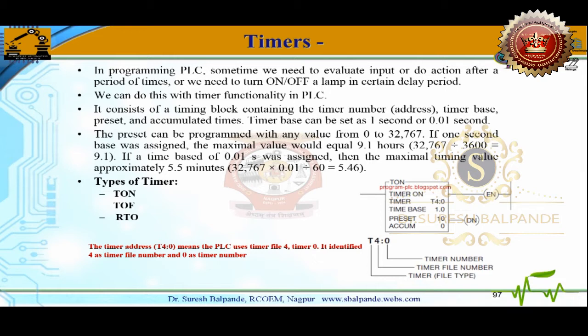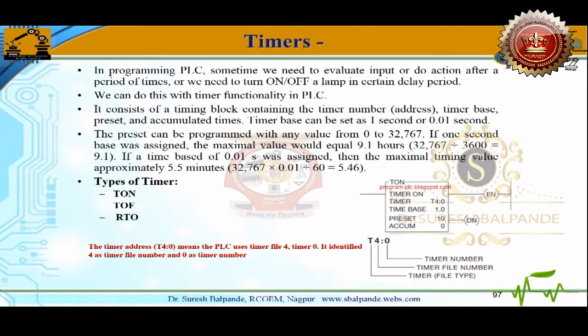Suppose you want to develop a clock. For that we don't want a timer which will clear its accumulator value in between. That is why the RTO timer will retain its value even though there is an interruption from the input side. We'll take some examples, and through these examples you will understand the meaning of interruption.